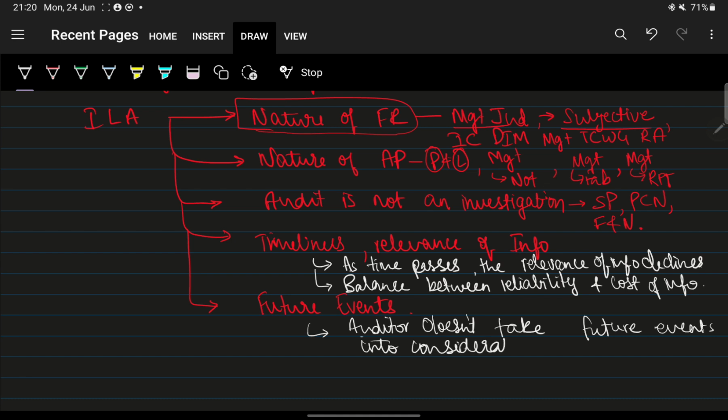Audit relates only to historical financial information, not prospective financial information. Since it is based on historical financial information, about events that have already occurred and transactions that have already been entered into, future events are not considered in an audit.